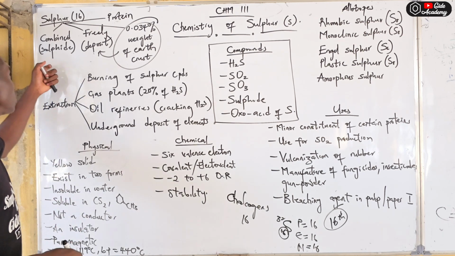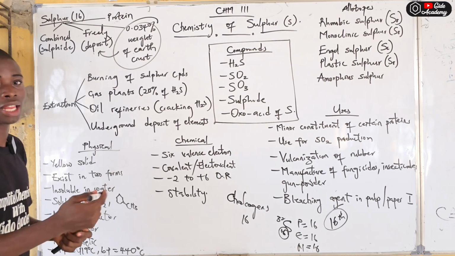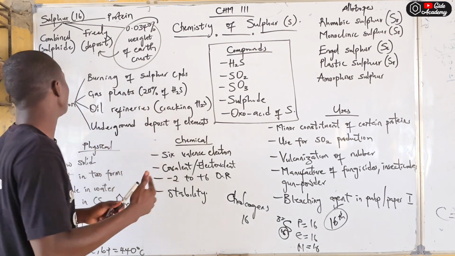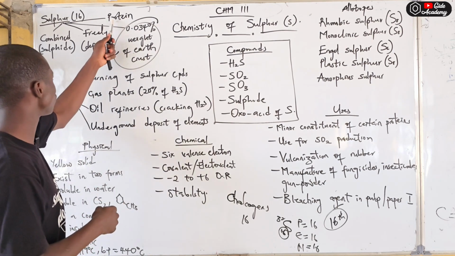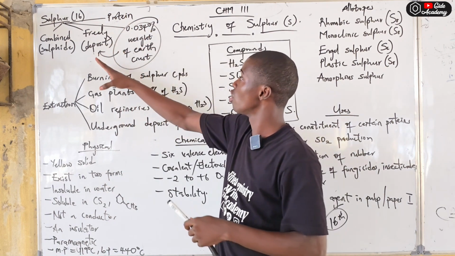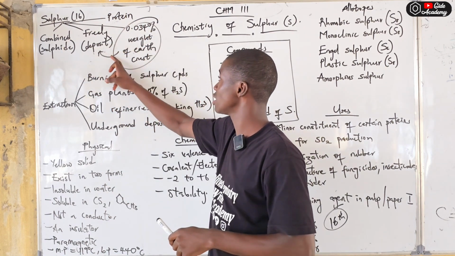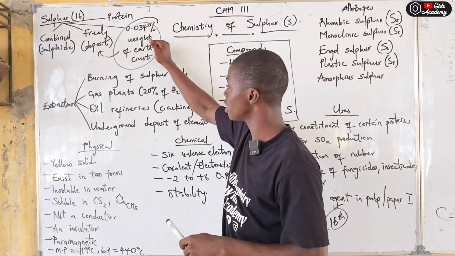In combined state, it occurs as sulfide. It reacts with another element, a binary compound, sulfur plus another element, which gives us a sulfide. And in some proteins as well, sulfur is present. So that is generally about the occurrence of sulfur in combined form, and freely as mineral deposit at 0.034 weight percent of the earth crust.